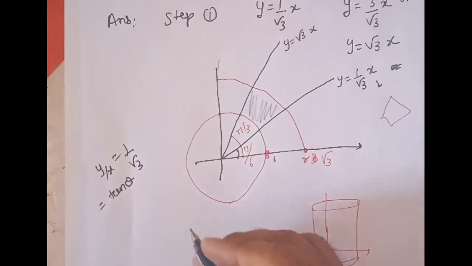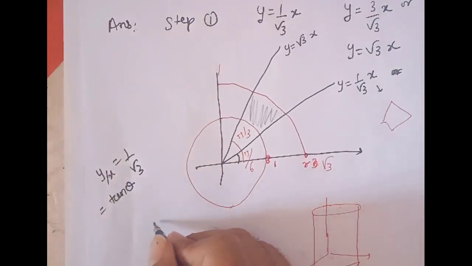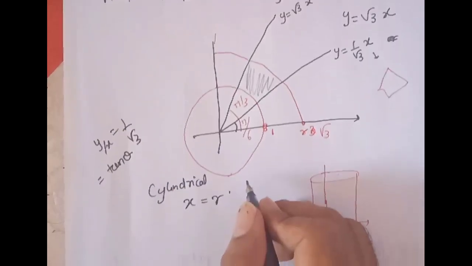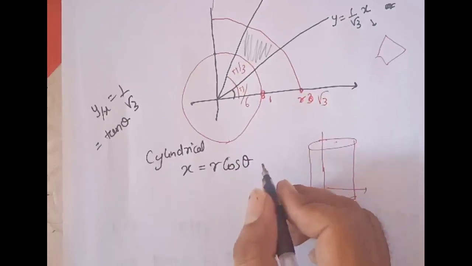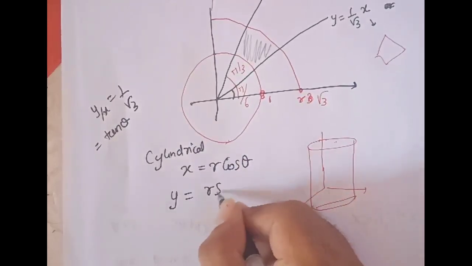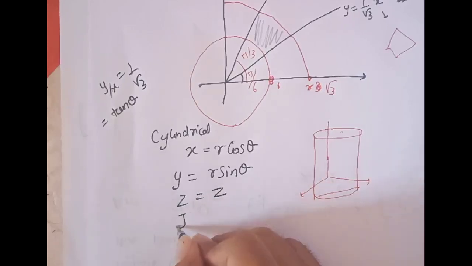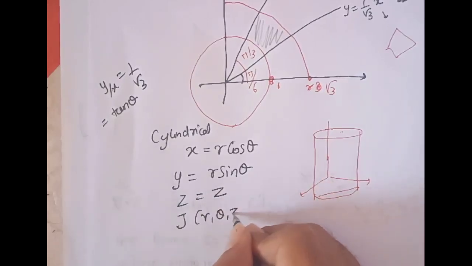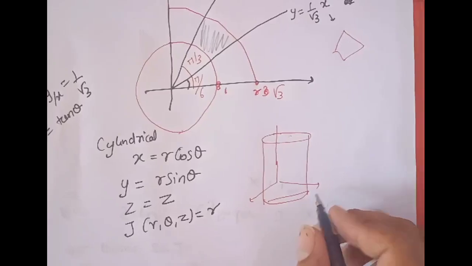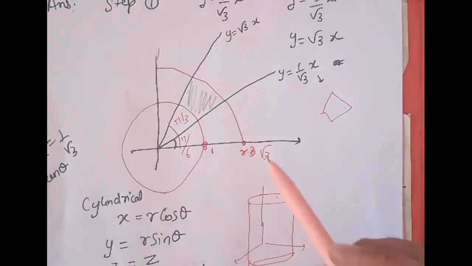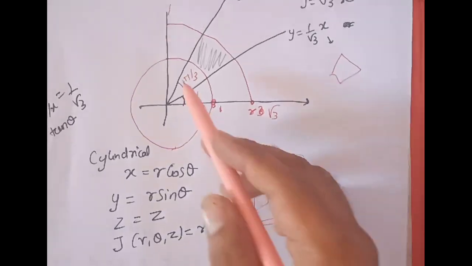So we have to use cylindrical coordinates. So again, in cylindrical coordinates, we know x is r cos theta always, y is r sin theta, z is z, and the Jacobian without fail is going to be r. Now what will be the limits? So we know that theta, in this cylinder we are not taking the entire thing in the base.